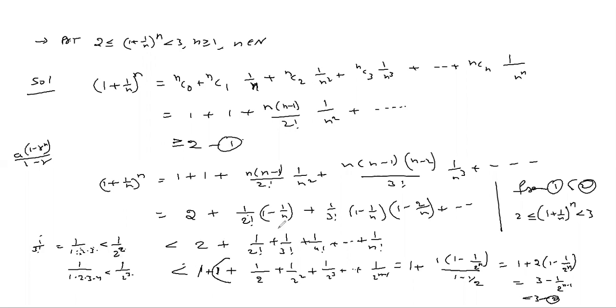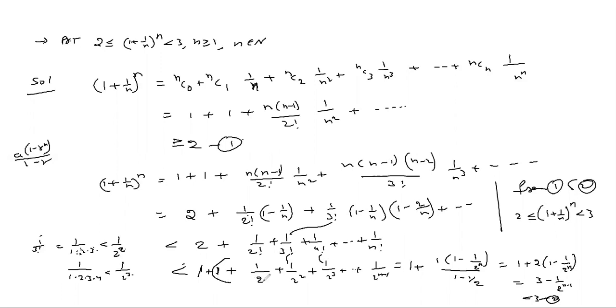Before that, 1 minus 1 by n into 1 by 2 factorial is less than 1 by 2 factorial, and 1 minus 1 by n into 1 minus 2 by n into 1 by 3 factorial is clearly less than 1 by 3 factorial. So like that I have considered the inequality. After that, 1 by 3 factorial is less than 1 by 2 square, 1 by 4 factorial is less than 1 by 2 cube, so that I'll get this inequality.